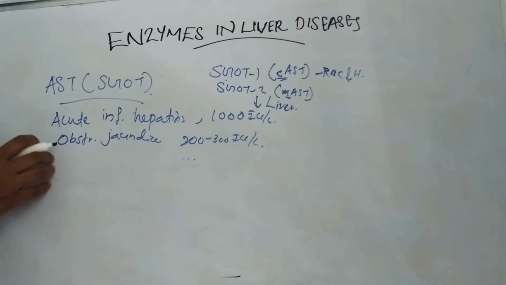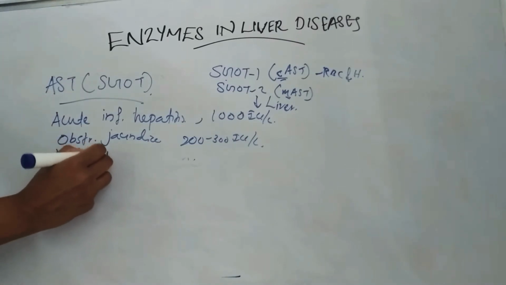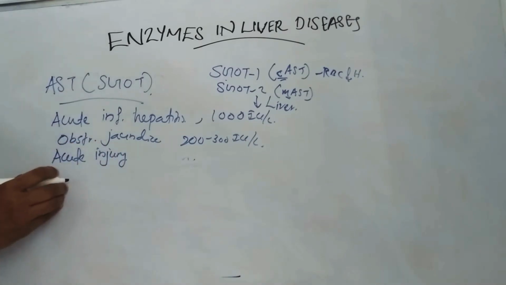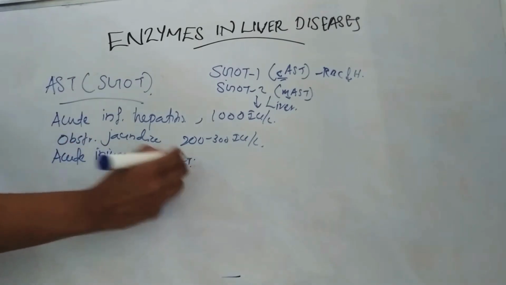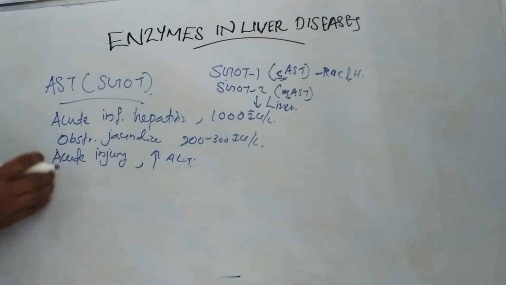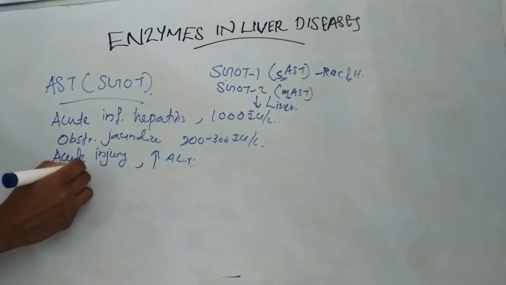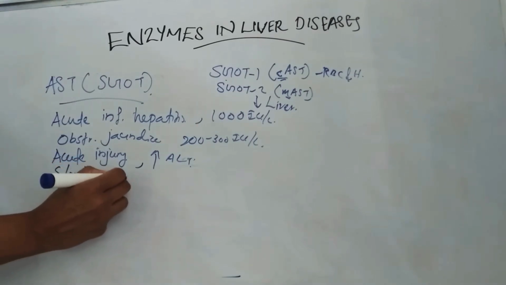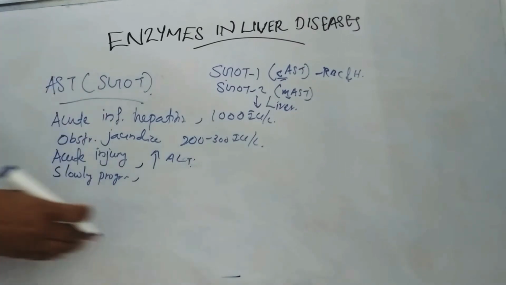If the liver sustains an acute injury, there will be a sudden increase in ALT. But if a liver disease is slowly progressing, it will gradually affect other organs.